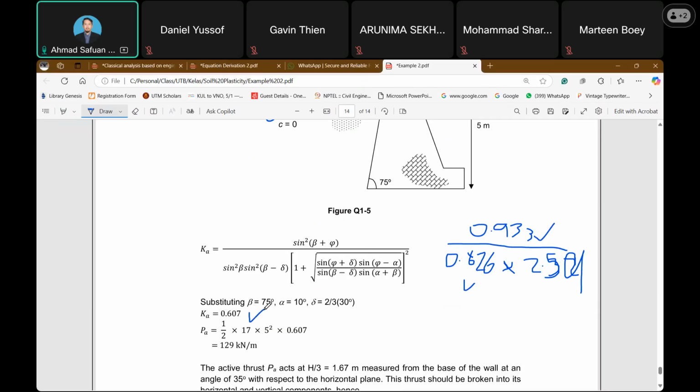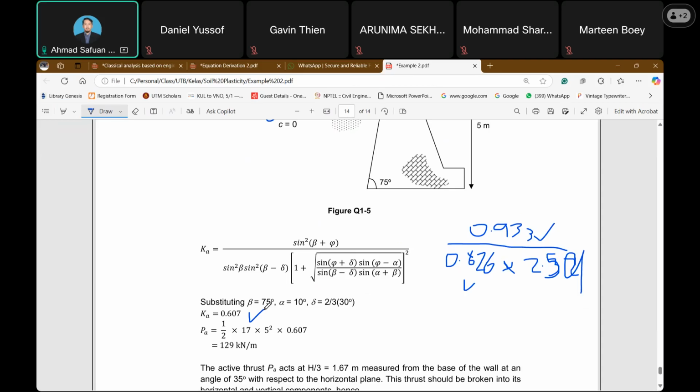Sin 30 plus 50, 30 plus 20, so 50. Sin 20 minus 10, divide with sin beta 75 minus 20, 55.